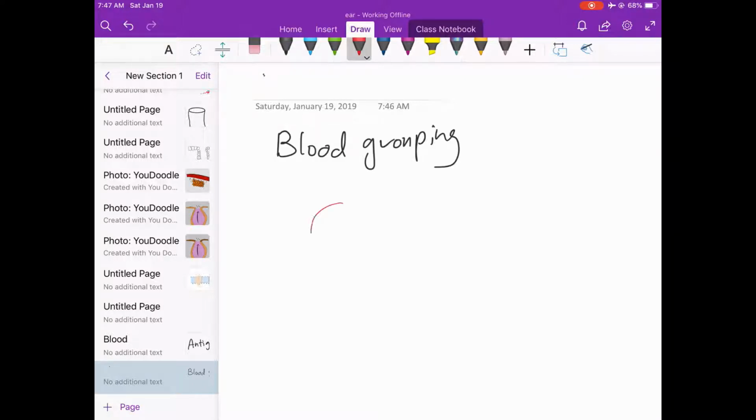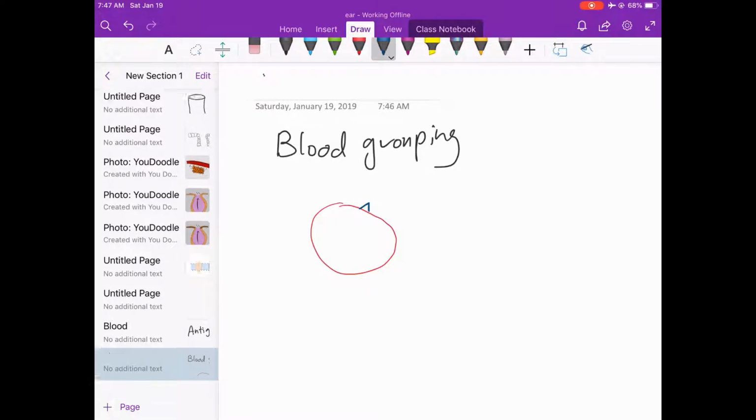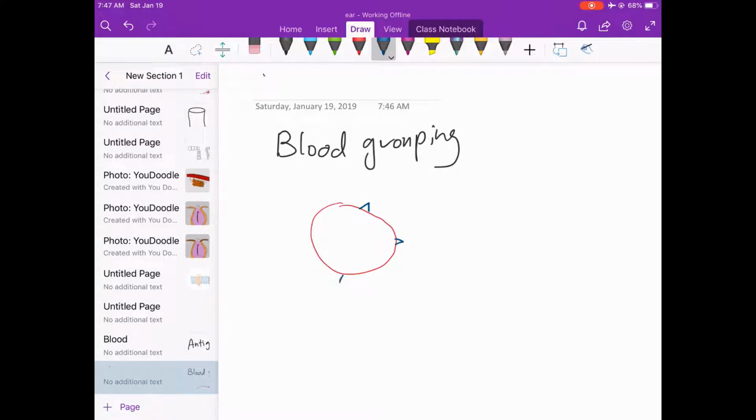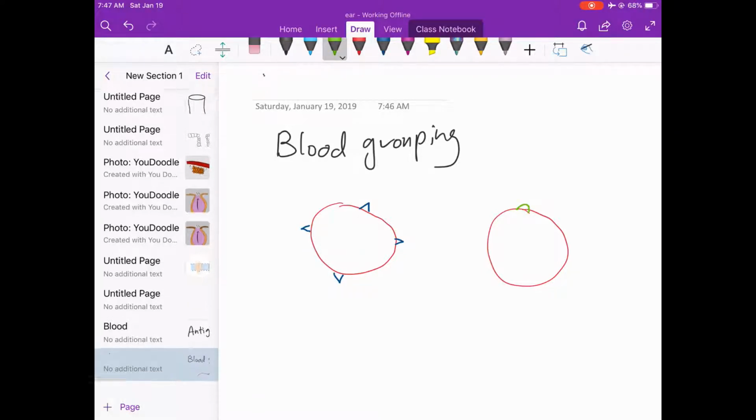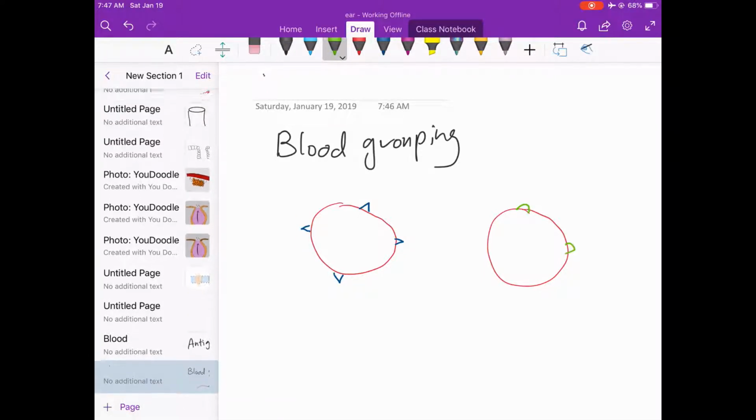Red blood cells, they have self antigens on their surface. These self antigens can be in form of two shapes: circular or rectangle.